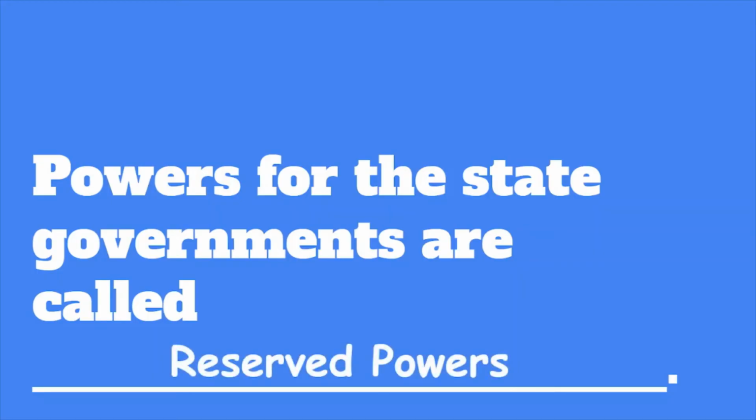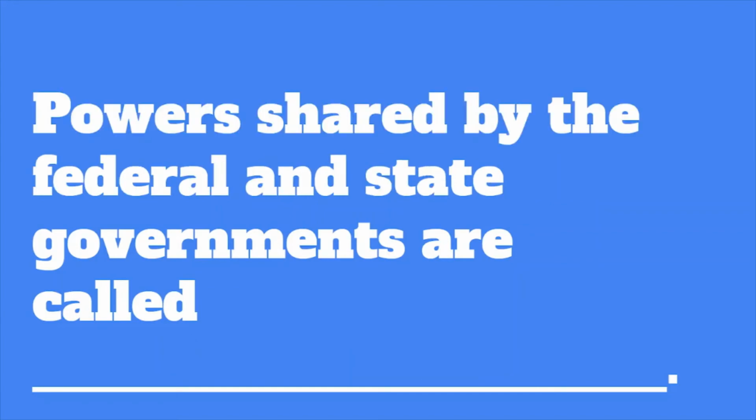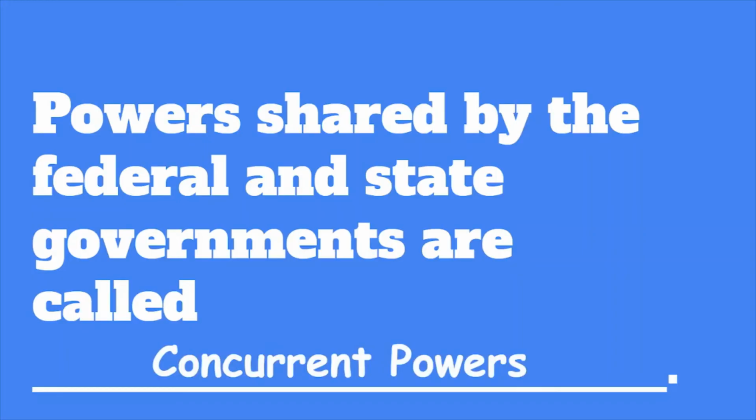Reserved powers. Powers for the state governments are called reserved powers. Powers shared by the federal and state governments are called ___. Concurrent powers. Powers shared by the federal and state governments are called concurrent powers.